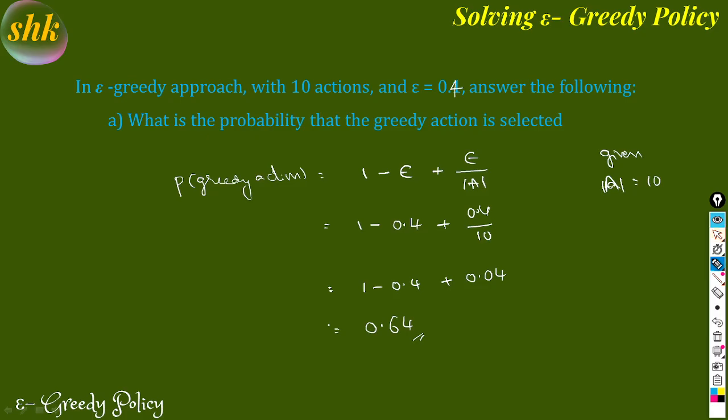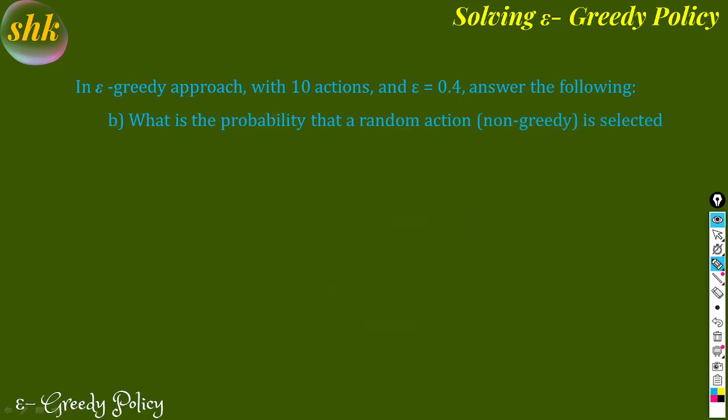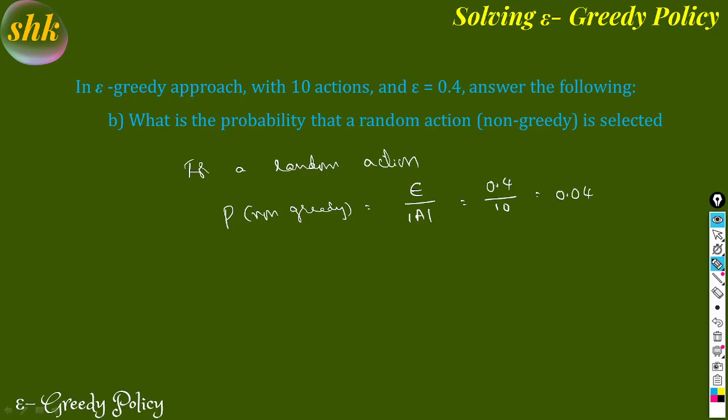Part B asks: what is the probability that a random action is selected? For a single random action, that is non-greedy type, the probability is epsilon divided by the number of actions, which is 0.4 divided by 10, resulting in 0.04.